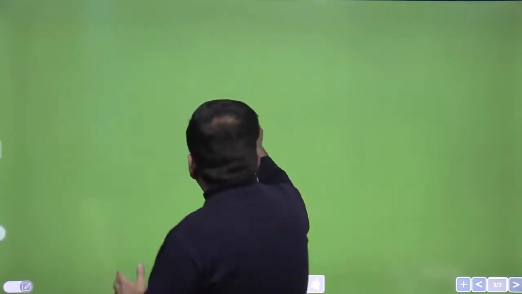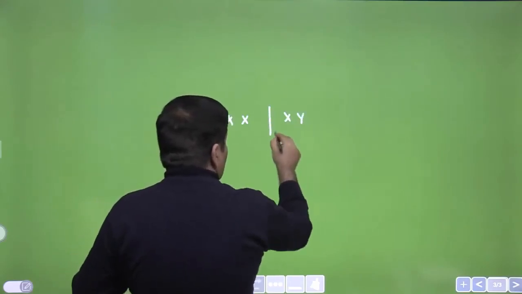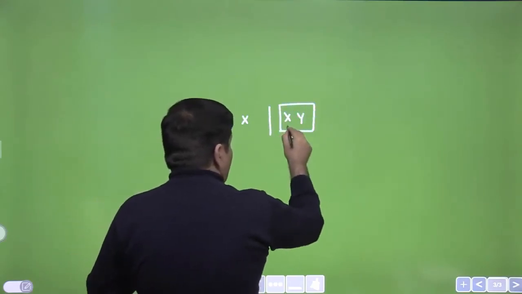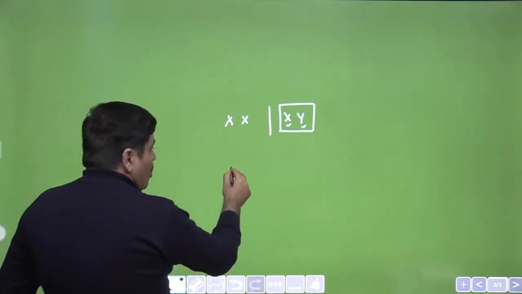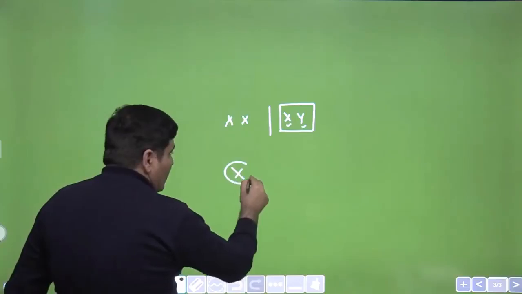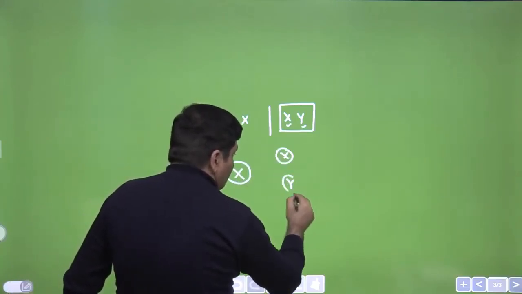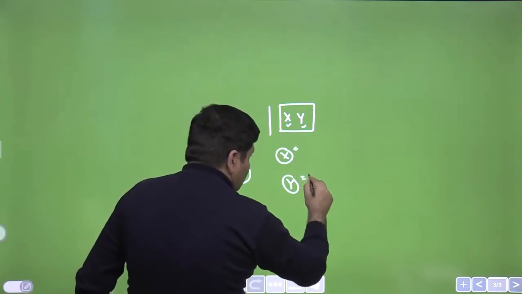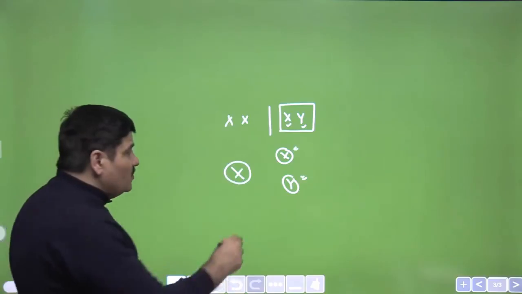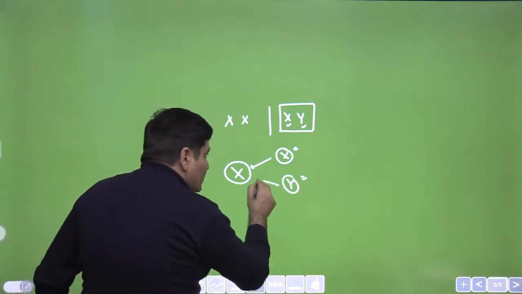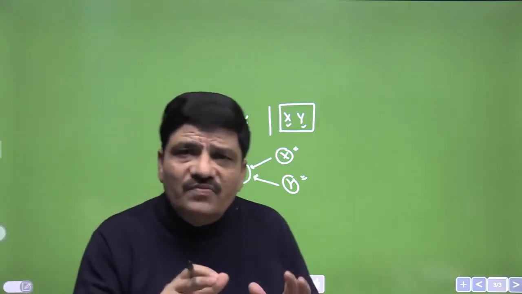It is called the XX and XY mechanism, where male heterogamety, the male is heterogametic, it has an X chromosome and a Y chromosome, and because all ova will be carrying only an X chromosome, it is the type of the sperm, 50% of which will be carrying an X chromosome, 50% carrying the Y chromosome. It is the type of the sperm that fertilizes the ovum that decides the sex of the fetus.